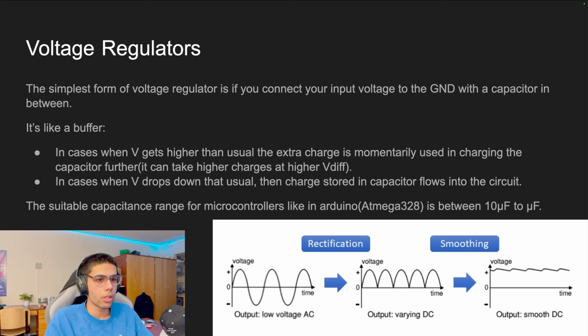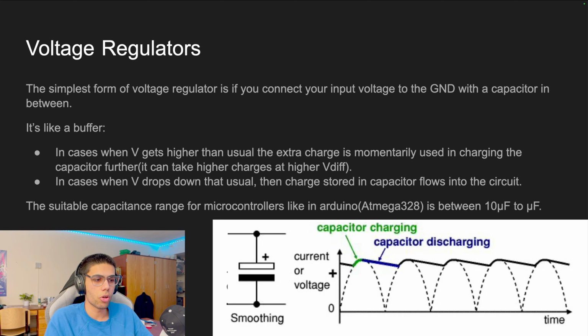So this smoothens out your signal. For example, this is AC, alternating current. It's alternating between positive and negative. You pass it through a rectifier circuit. It becomes only DC, varying DC, that is only positives. And then you apply the smoothing that I was talking about, like this.